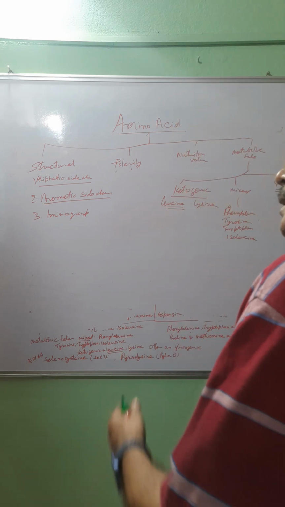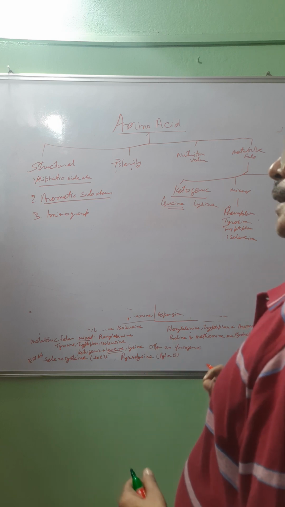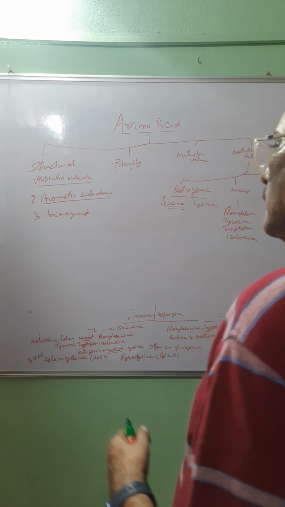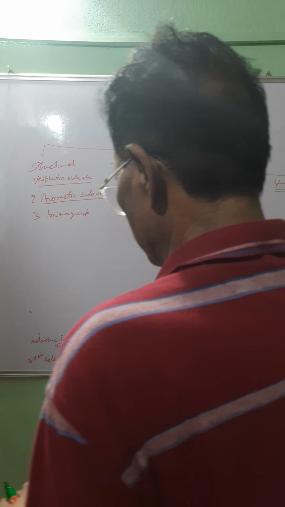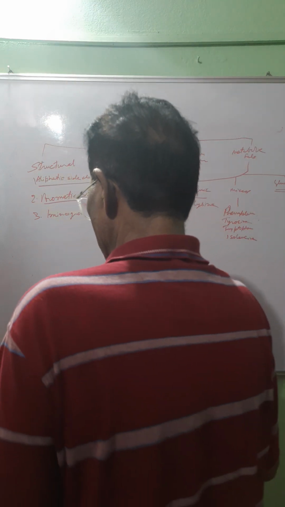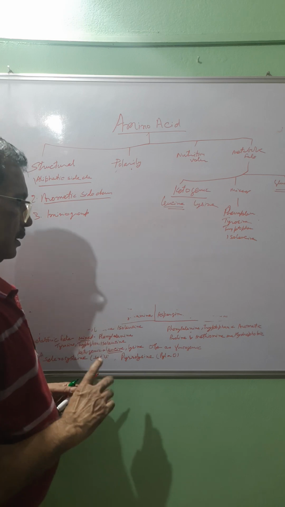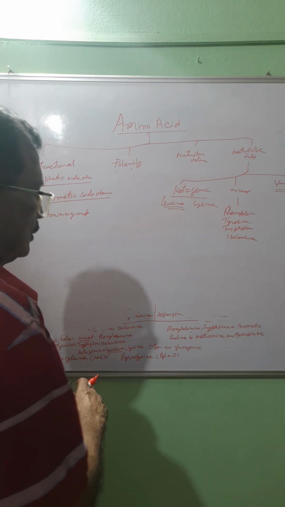Tryptophan is for niacin and serotonin, and glycine, arginine, methionine are for creatine. Histidine is essential for formation of histamine. Many hormones and enzymes are formed by these amino acids. So these are the functions of amino acid.